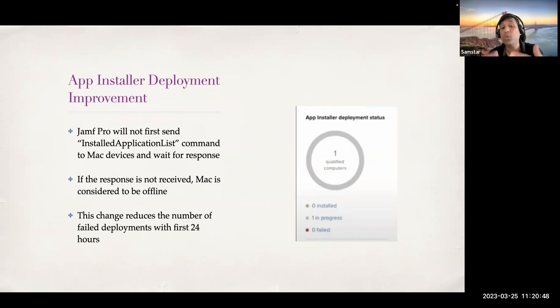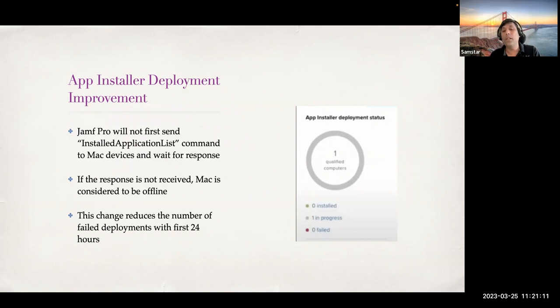And within the first 24 hours, we will see many failed deployments because not all Mac devices are online. We are a global organization. If you are releasing an update in APAC hours, obviously AMER is sleeping and the Macs are not online. EMEA is not online at the moment either.